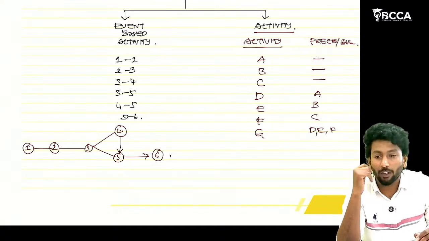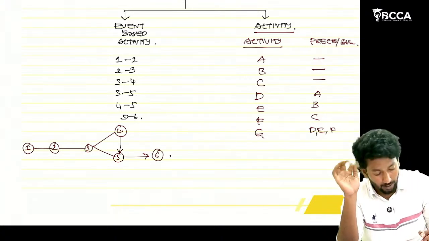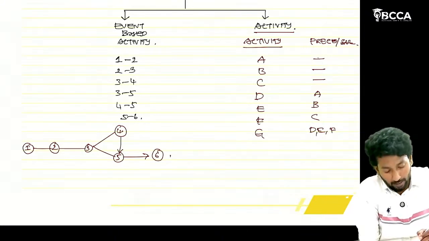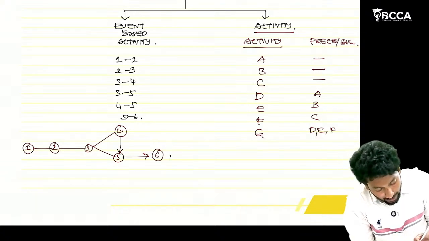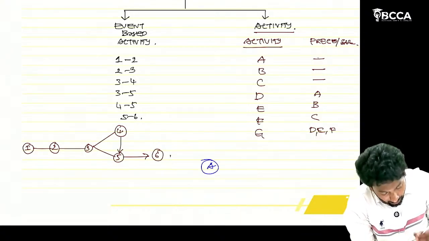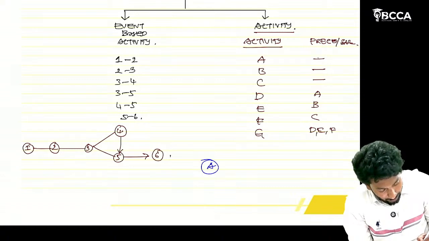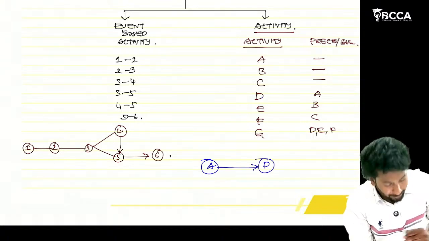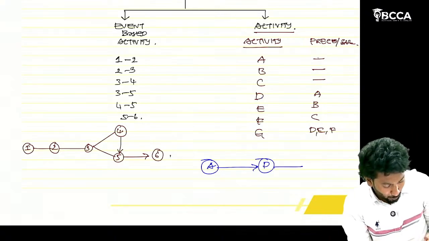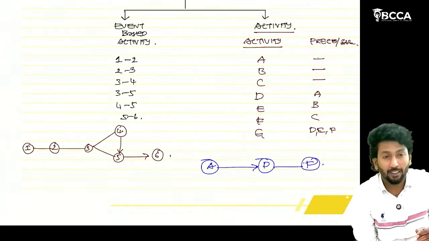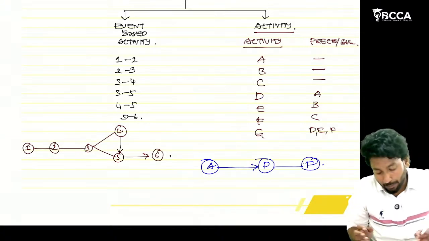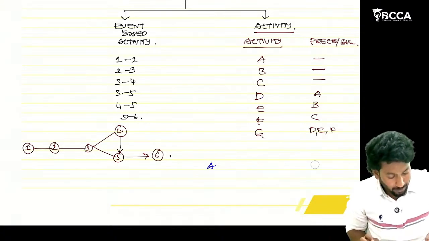First of all, the basic mistake most students make is that they take activities like A, put a circle, next after A we have D, then F, something like that. Writing alphabets and rounding them is a basic blunder.